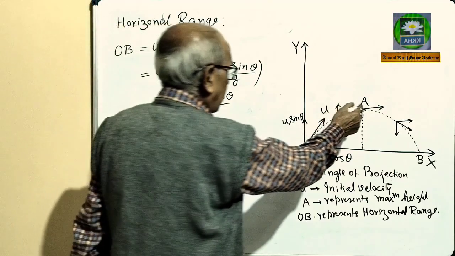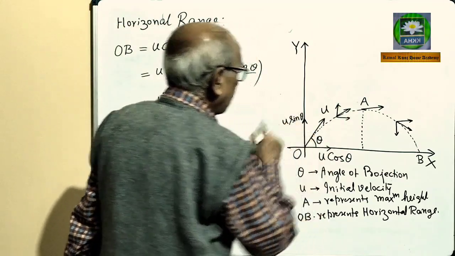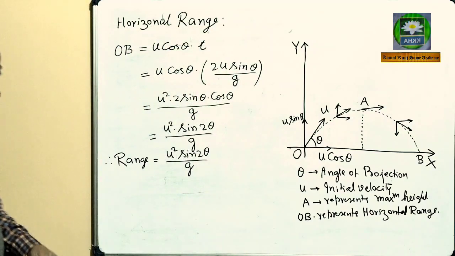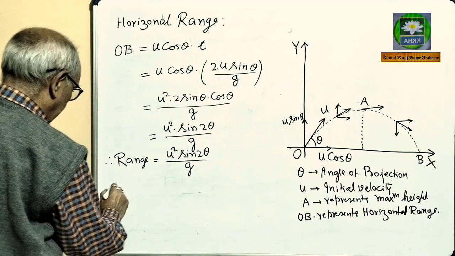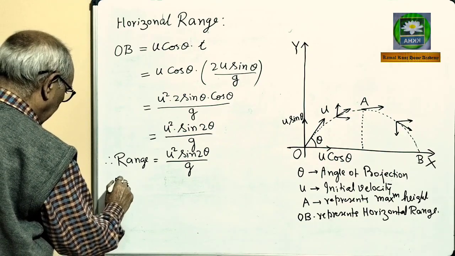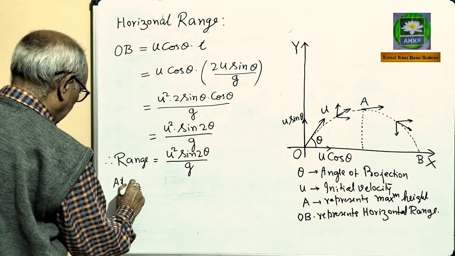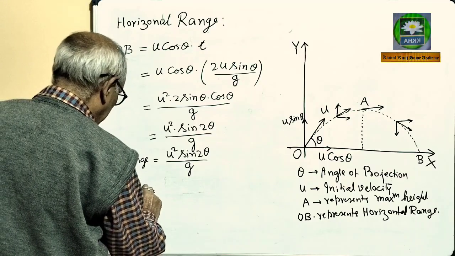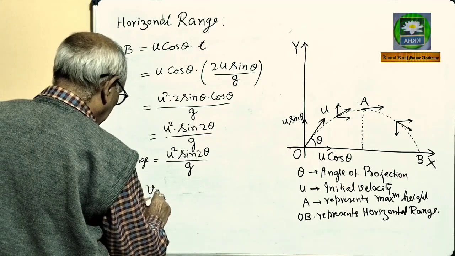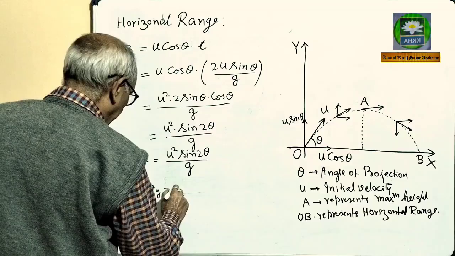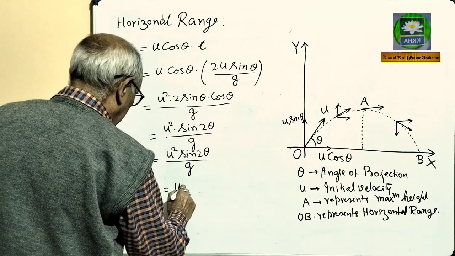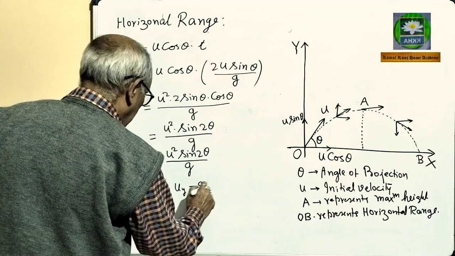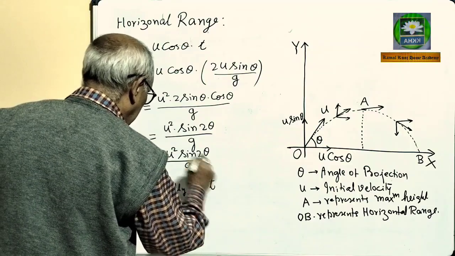At this point A, velocity along y-axis is 0. So vy is equal to uy minus g into t.